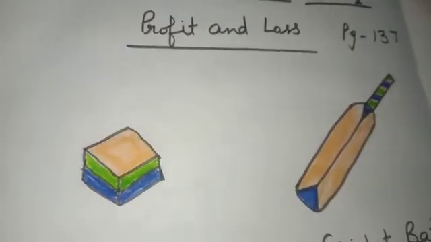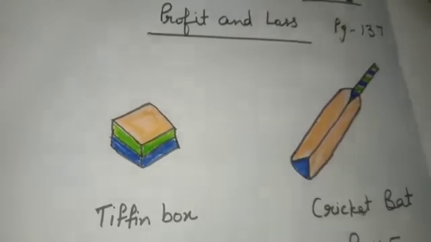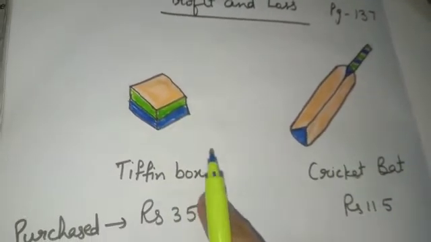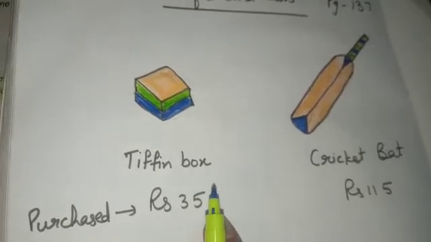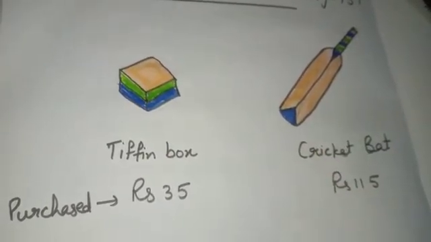Ravi is a shopkeeper and he purchased these two things from the wholesale market. A tiffin box purchased at rupees 35 and a cricket bat purchased at rupees 115.